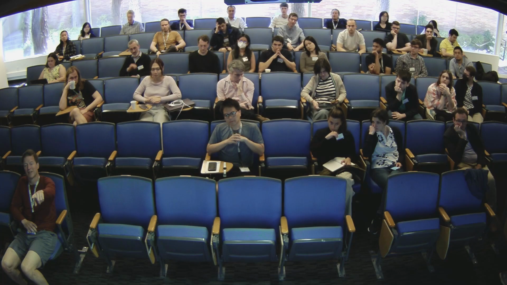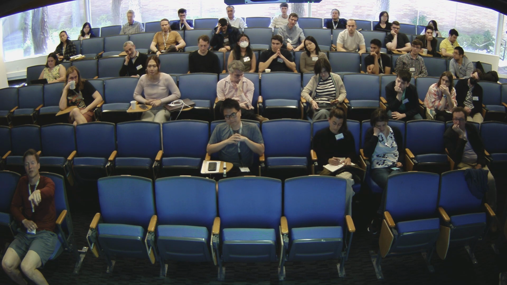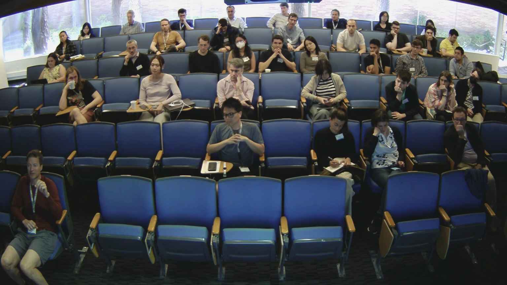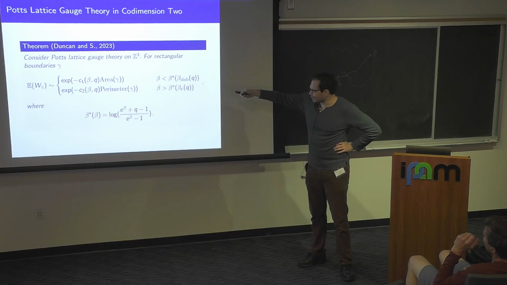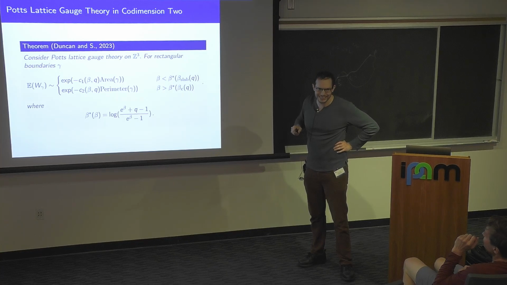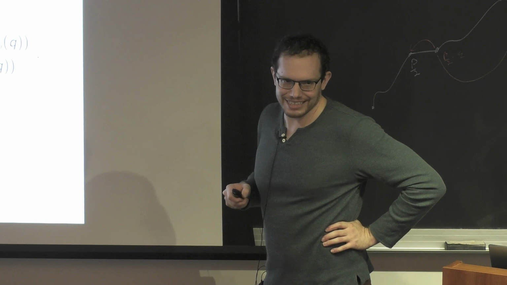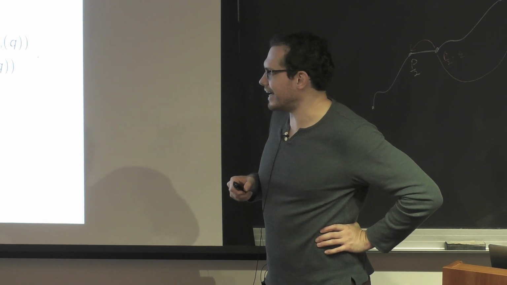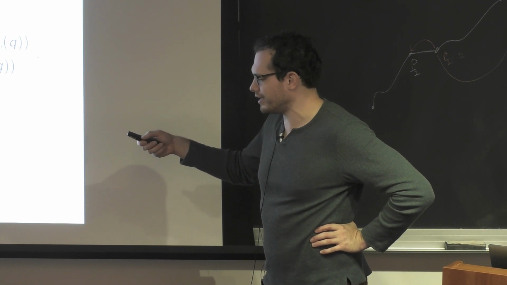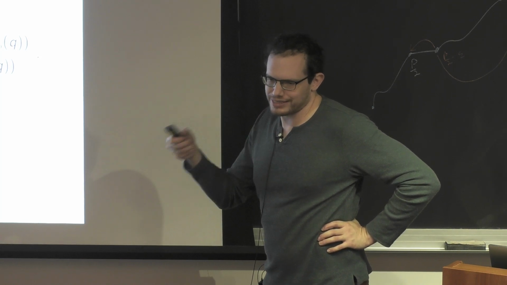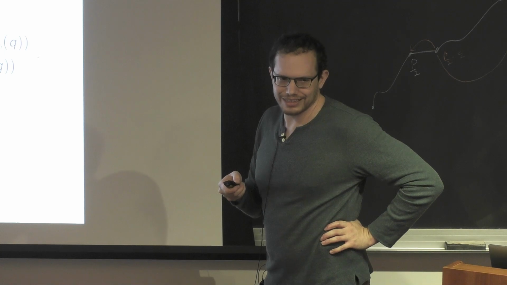Your critical betas there are different, right? Yes. Actually, they're supposed to be the same. So, except for q equals 2, where it's known that they are the same, our result is conditional on that conjecture. The conjecture that the slab threshold for the classical random cluster model equals the threshold for the random cluster model.